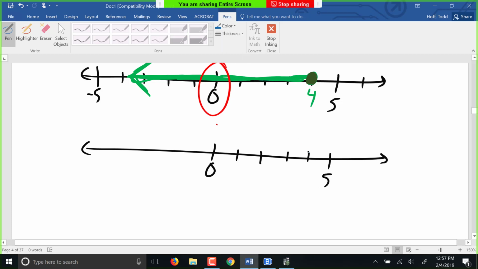The alternative would have looked like this. Over the 4 and shading in. That would have been referred to as an open dot or an open point.